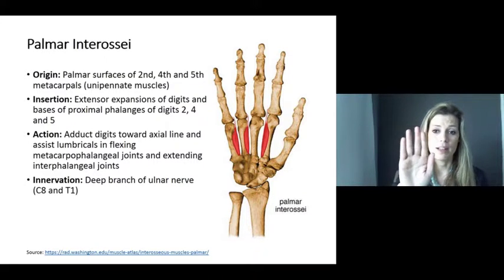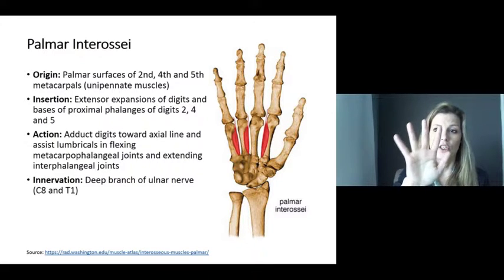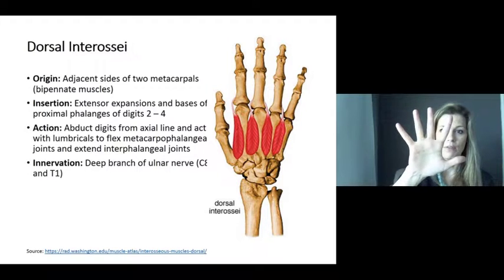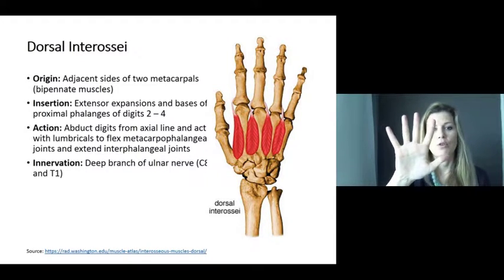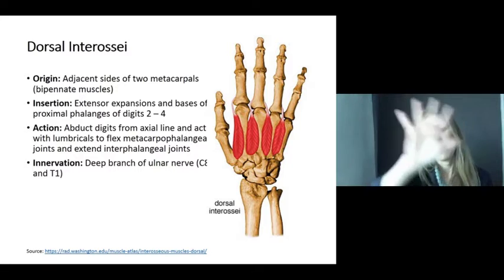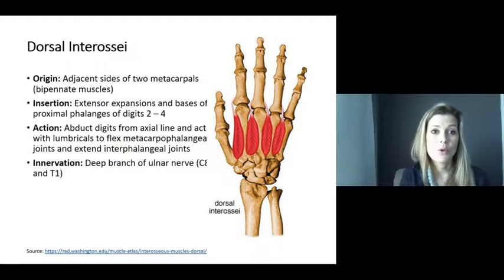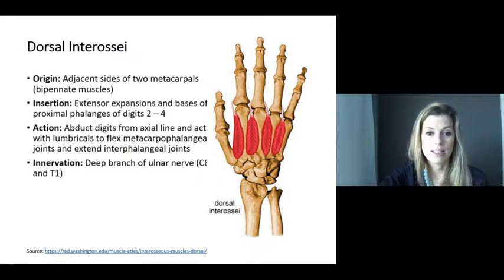With dorsal interossei, I think of DAB, D-A-B. They are going to abduct those fingers, bring those fingers apart. So if you are, for example, washing the wall and you want some finger abduction, you're going to be recruiting some of those dorsal interossei. And both dorsal and palmar are ulnar nerve innervated.